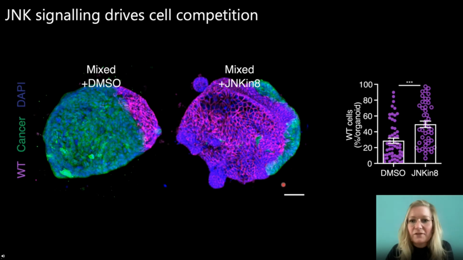Next, what we found is that JNK inhibition could prevent the elimination of wild-type cells, therefore confirming a role for JNK signaling in cell competition in intestinal organoids.